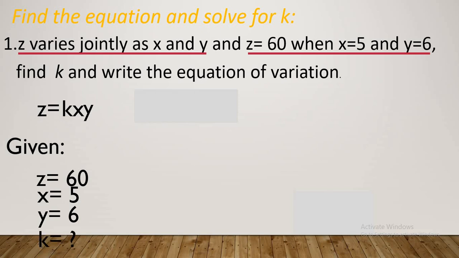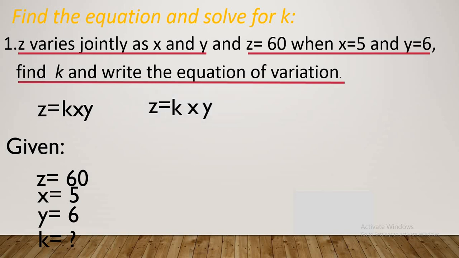We are looking for the value of K, the constant of variation, and we need to write the equation of variation. So use Z is equal to KXY. Then we substitute the values, 60 for Z, 5 for X, and 6 for Y.